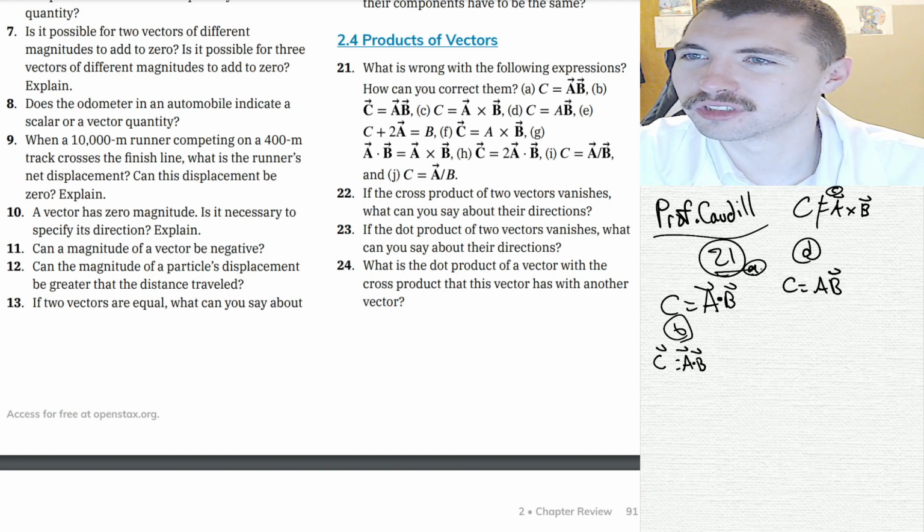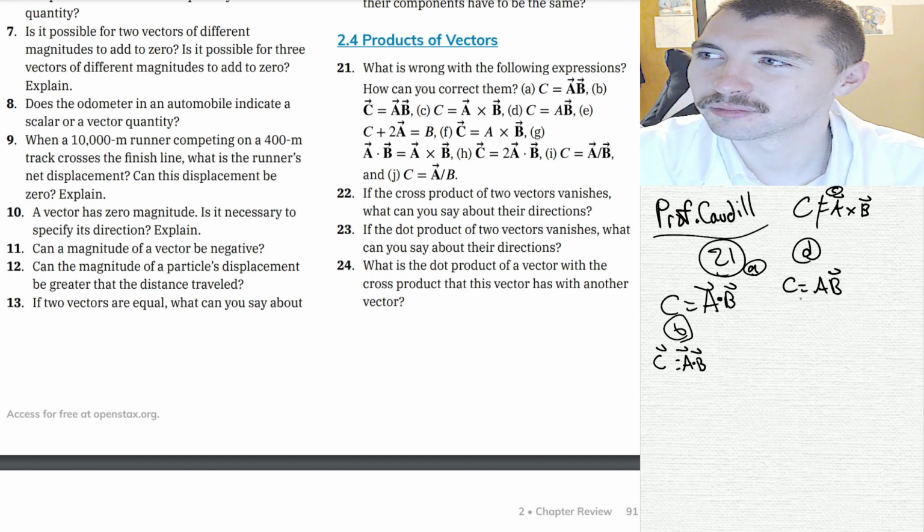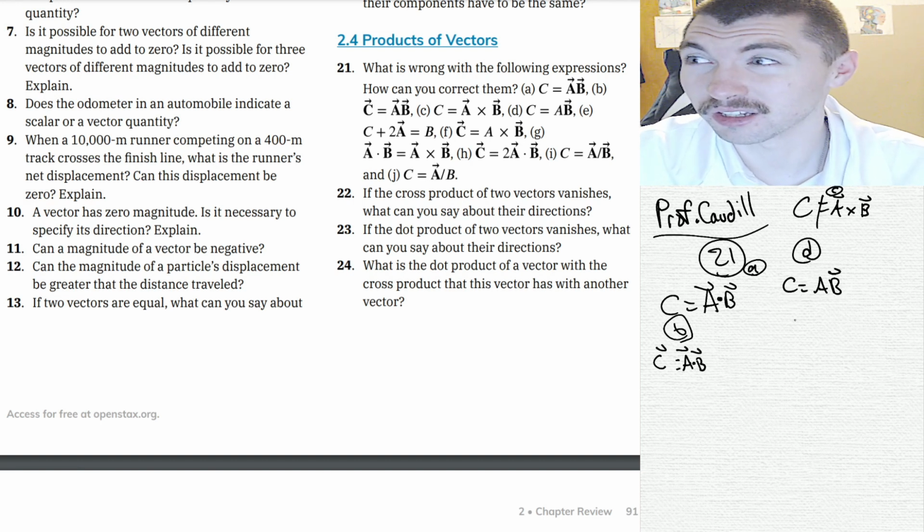This 21A really bothers me because they don't really specify what C is. You might assume it's a magnitude, or you might assume it's just a number. So C equals a constant times B. What's wrong with this? You don't need to specify the dot product. This is just A times B, which is fine, but C is not a vector. C needs to be a vector for this to be true.